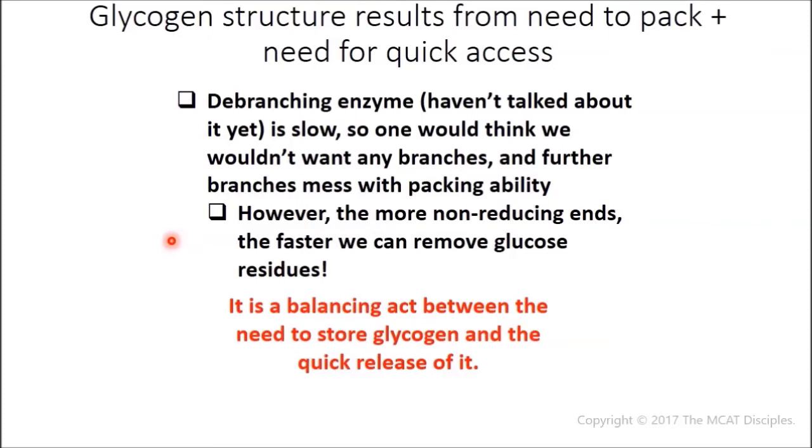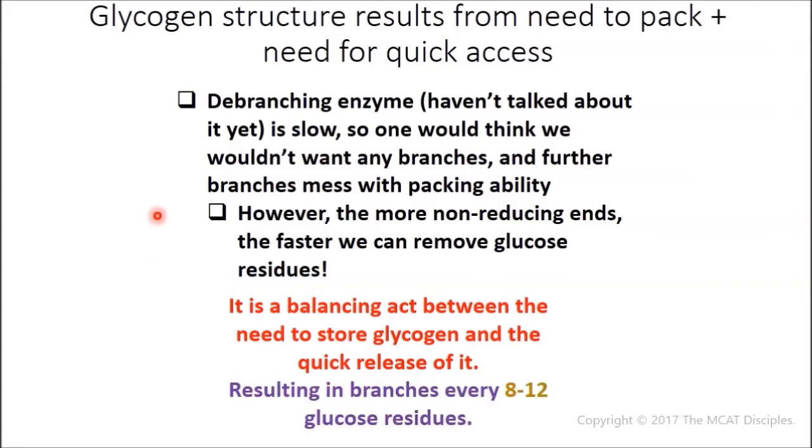So it's a balancing act between the need to store glycogen and the quick release of it. And it results in branches every 8 to 12 glucose residues. That's just what nature has chosen for glycogen. And starch is different. Starch has branches, and I don't know how many residues, but it has a different overall structure.